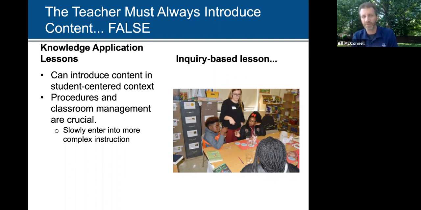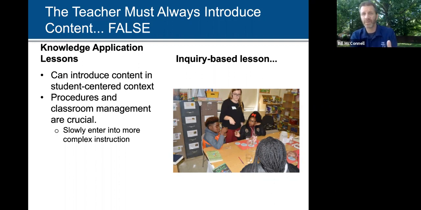For example, I put this picture here because this was a flower dissection model that started a unit, right? A flower dissection lesson that started the unit. The students were taught how to work together in small groups to do investigations, and the teacher didn't present any content.